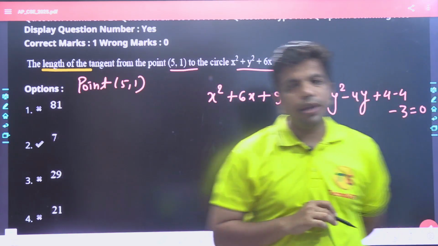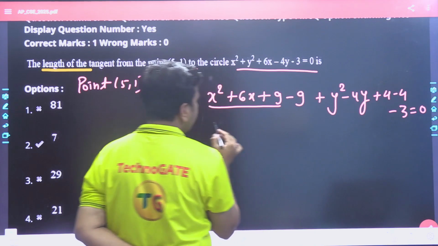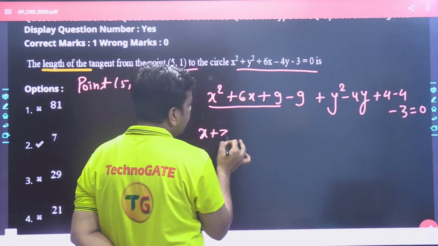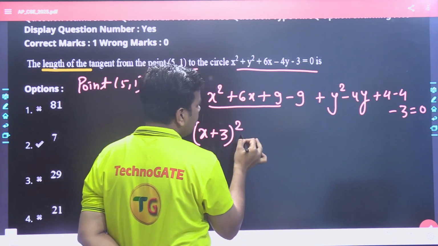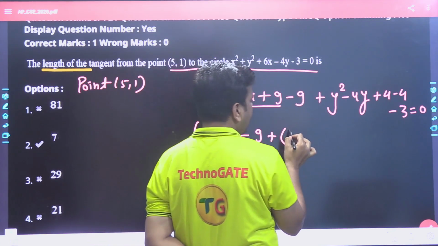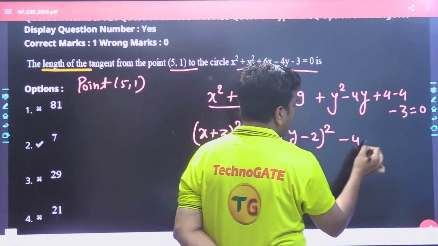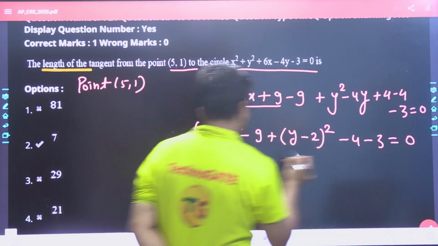It's 0. So when we convert this, can we say that this is (x plus 3) whole square minus 9, plus (y minus 2) whole square minus 4 minus 3 is equal to 0.